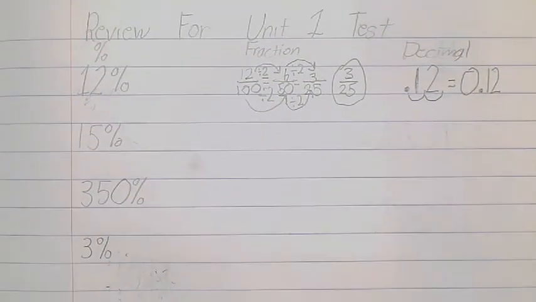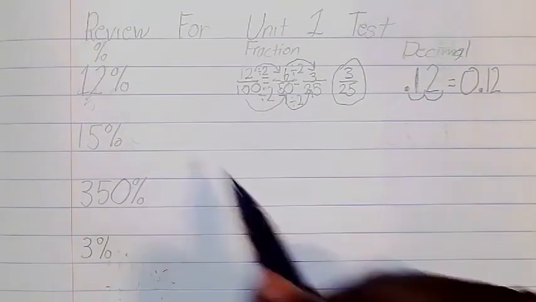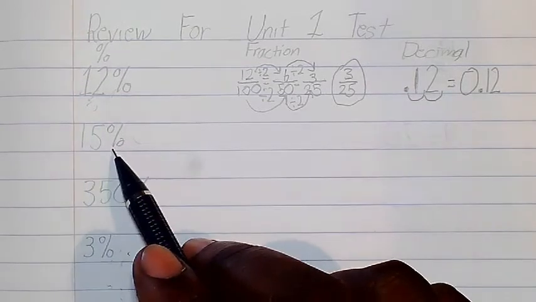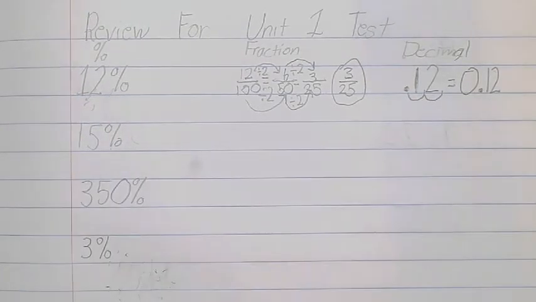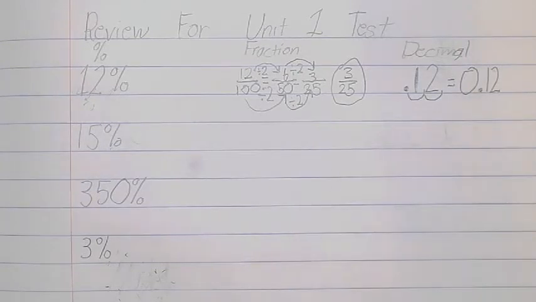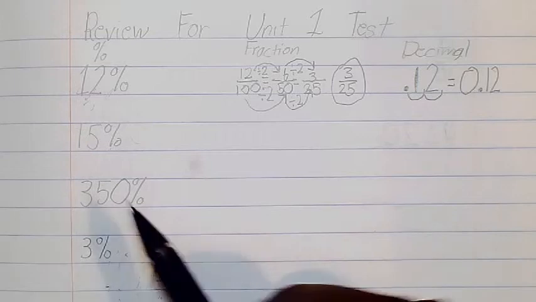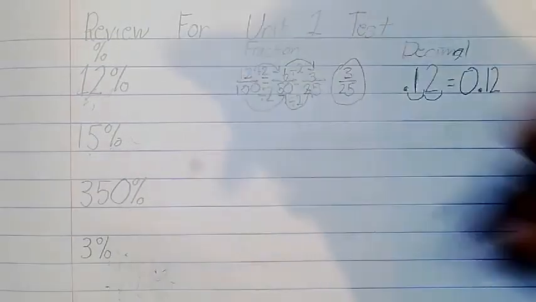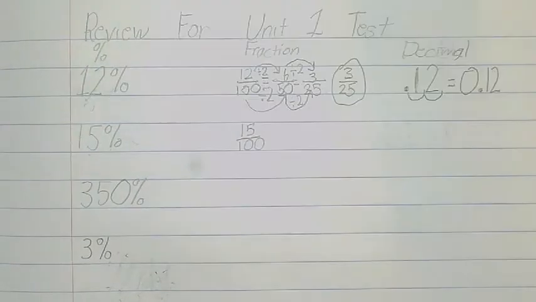All right. Let's look at the following. We have 15%. We need to change 15% to a fraction. A percent is basically the value of the percent over 100. So that's 15 over 100.